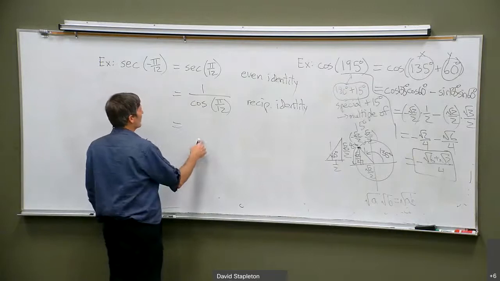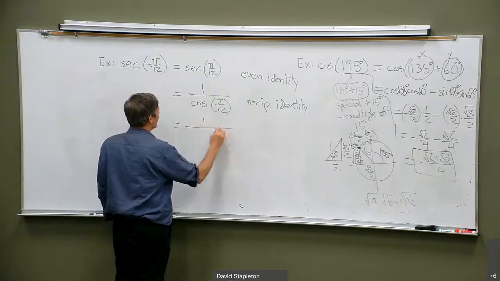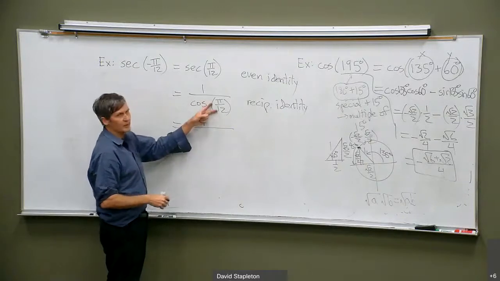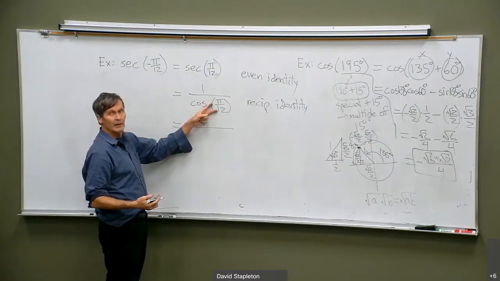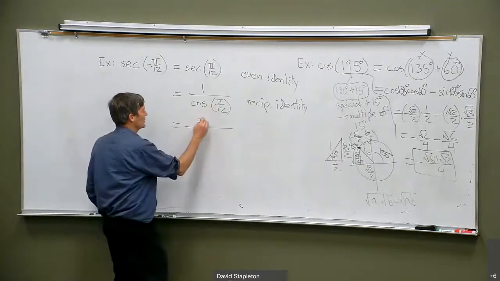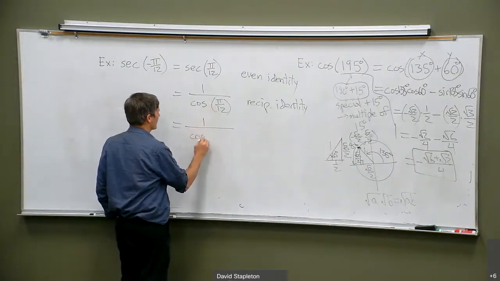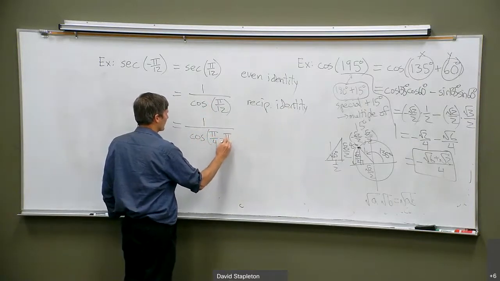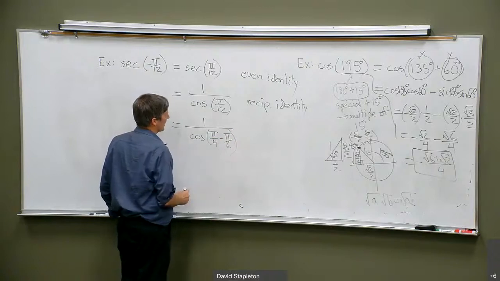There is one, but I mean, you just write 1 over cosine, it's easier, right? All right, so 1 over cosine pi over 12. So remember how to do a cosine of an angle that's a multiple of 15 degrees, which is pi over 12? You write it as a sum or difference of special angles, right? So instead of cosine pi over 12, I'll write it as cosine of pi over 4 minus pi over 6. How did I know to do that? Sort of practice again.